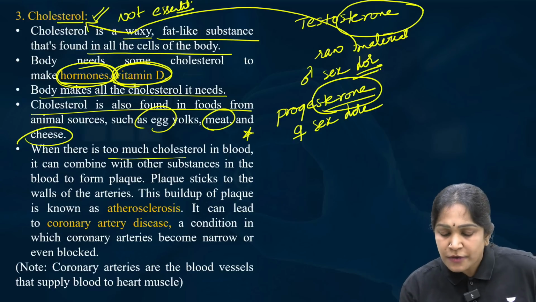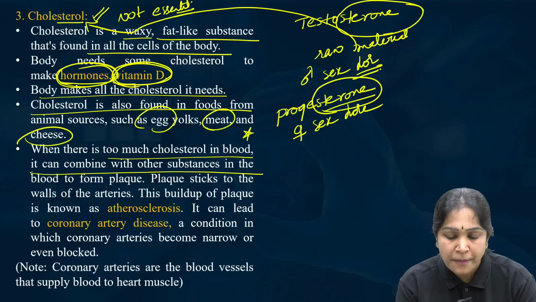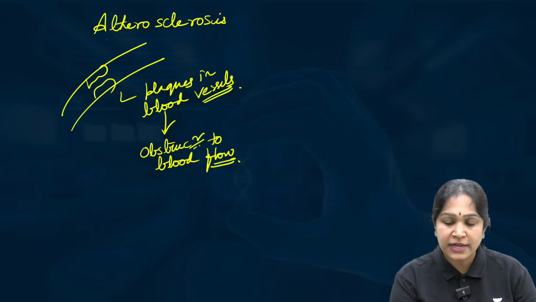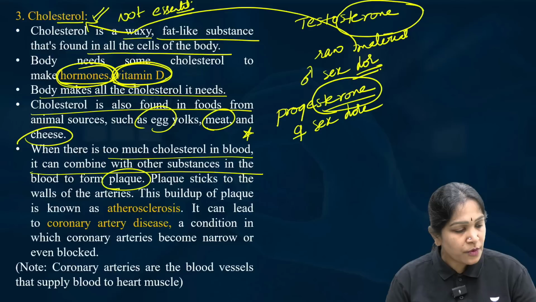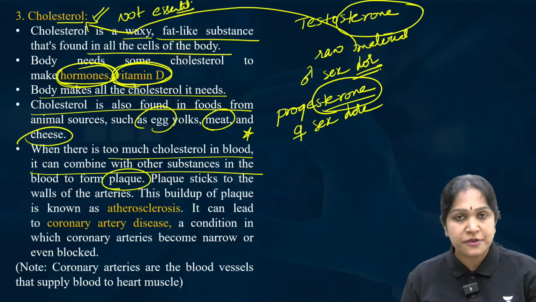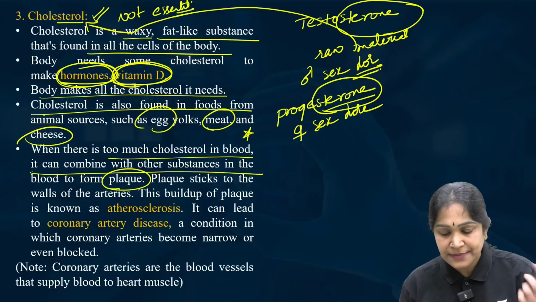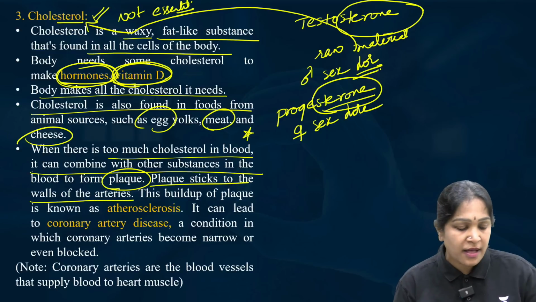When there is too much cholesterol in the blood, it can combine with other substances to form plaque. As I have already explained here, it will form a plaque. Okay? When there is more cholesterol, it will combine with other substances, other types of fats, to form the plaques. The plaques will stick to the walls of the arteries.